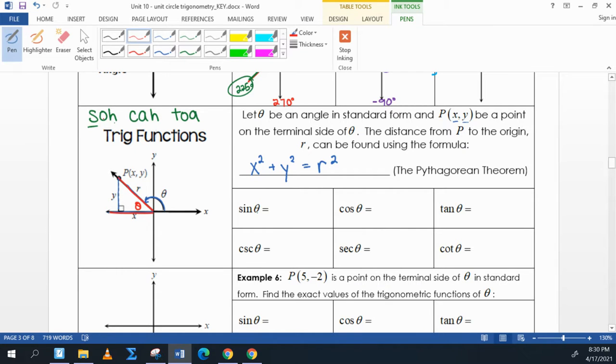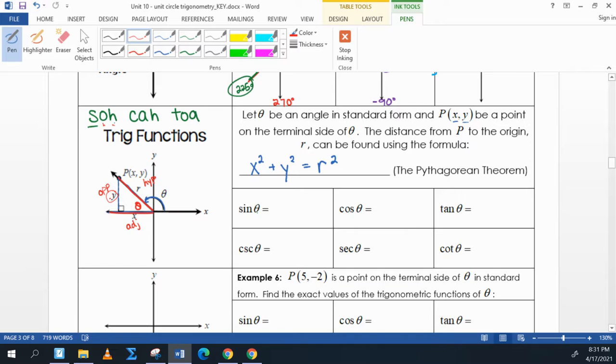So you're first going to want to label your triangle with opposite, hypotenuse, and adjacent. I'm just going to go across from that angle theta, call my y my opposite. Across from your right angle is your hypotenuse. That leaves this to be the adjacent side. So the sine, which is the opposite over the hypotenuse, we're going to use our x's, y's, and r's.